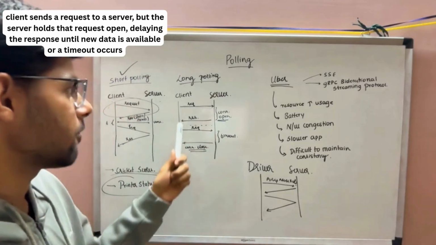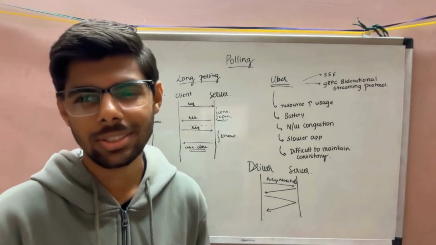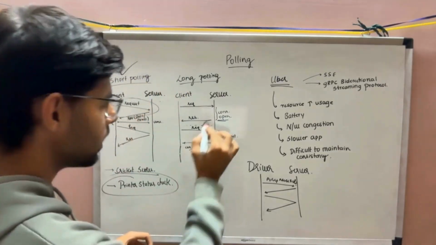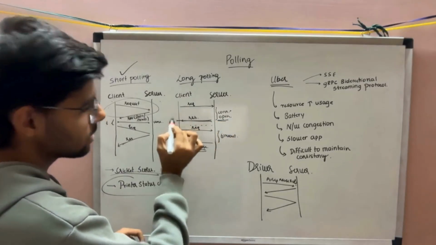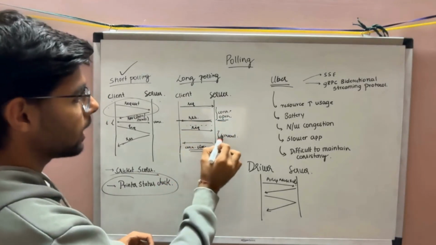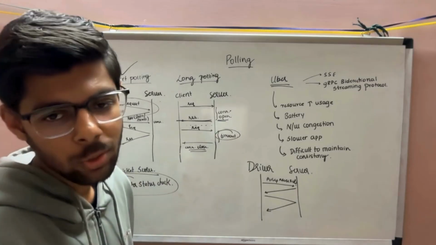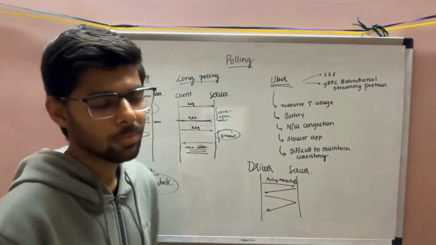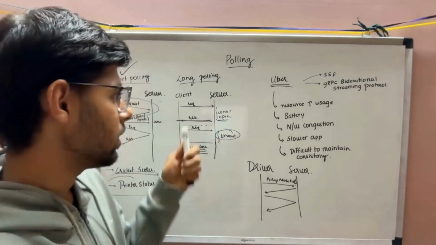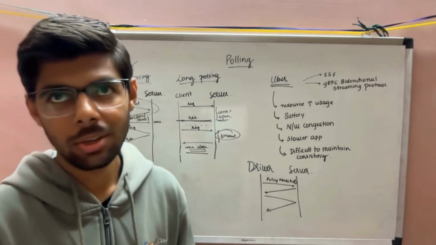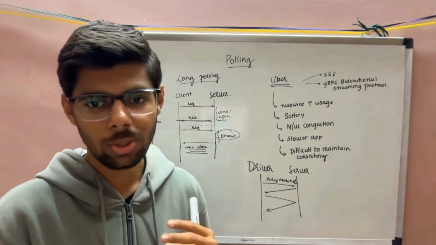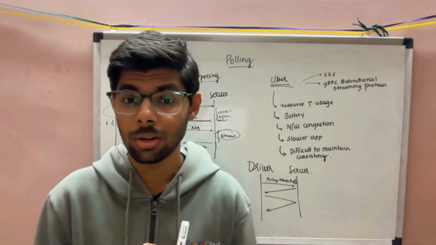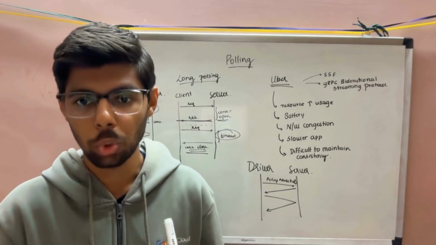It persists. If the data is not there, it has a set interval of time, and it checks; if the data is there, it returns the response, and if the threshold timeout is reached, it closes the connection. This is still better than short polling because it uses fewer resources, and the network congestion is lower.